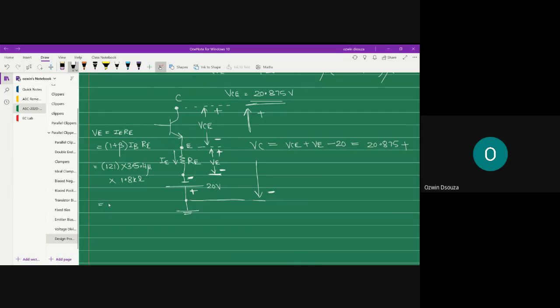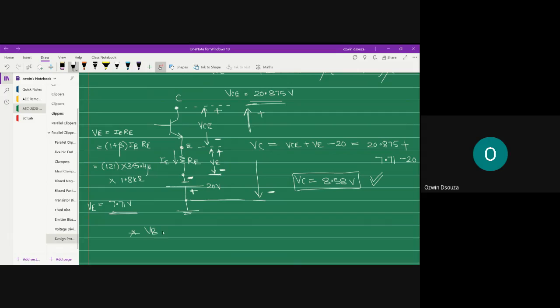So it is 121 times that, so that's 7.71 volts. So emitter voltage is 7.71. So let's substitute 7.71 minus 20. So that gives VC as 8.58. Okay, so VC we have found.